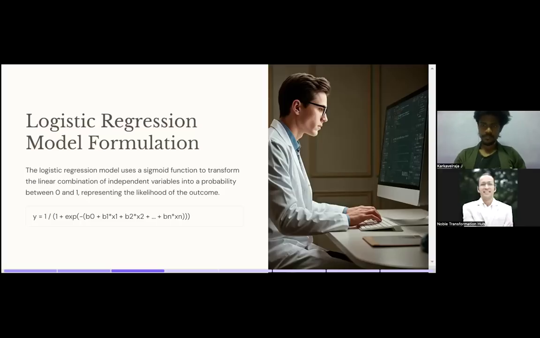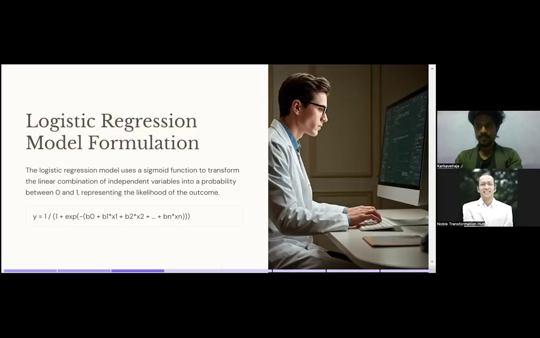See, in the definition, we understood that logistic regression is a model which uses binary functions. So it will use binary functions to predict 0 and 1, true and false kind of thing, right? So it will represent whether a customer will buy or will not buy or will default. So that was the definition, right?